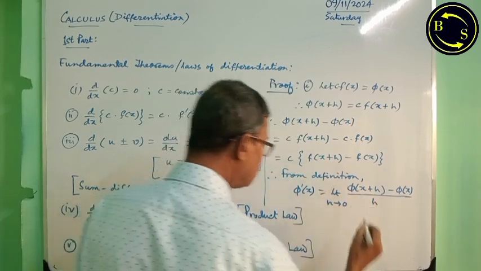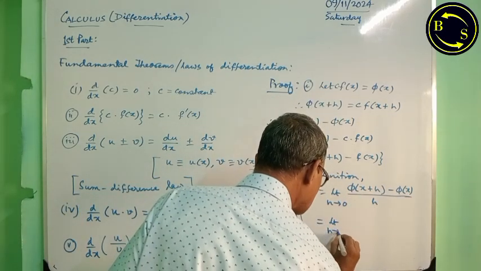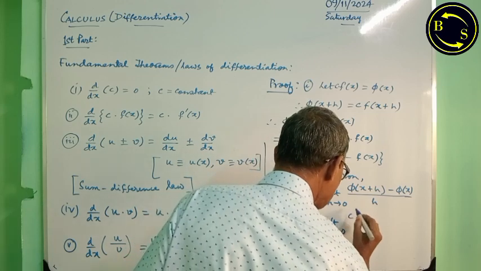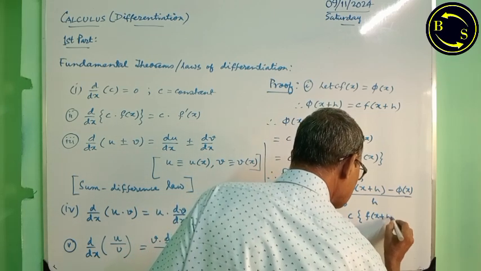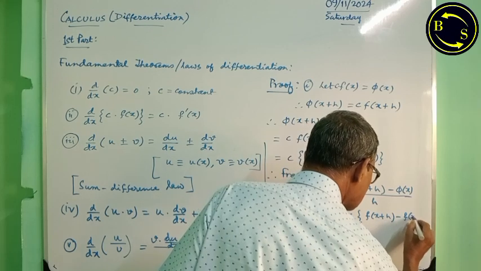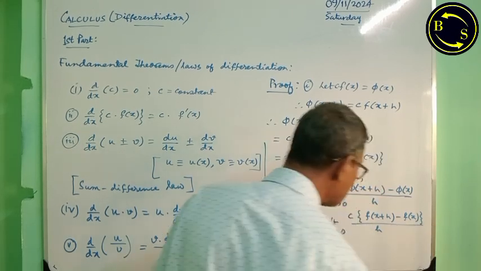Now I put this value, limit h tends to 0, c within brackets f(x plus h) minus f(x) divided by h.